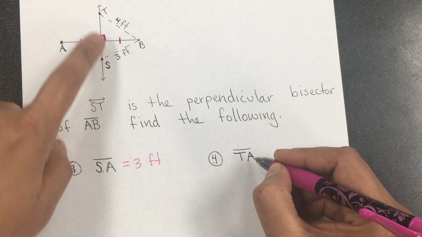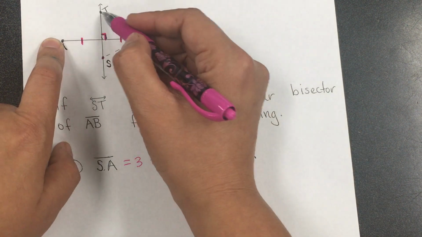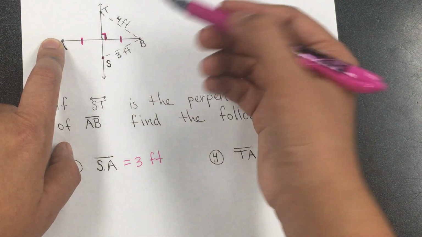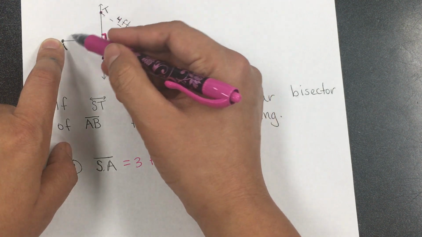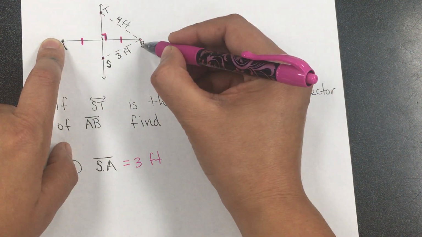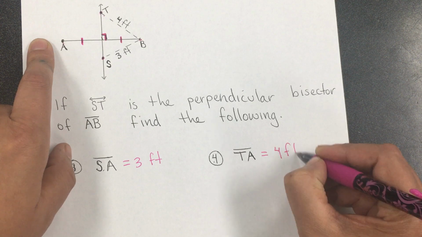Same for TA. TA is equidistant if you compare it to TB, because again, any point on the perpendicular bisector is equidistant to the endpoints. So if this is 4 feet, TA is going to be 4 feet.